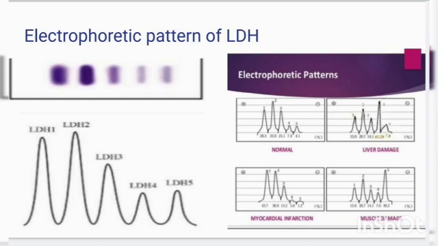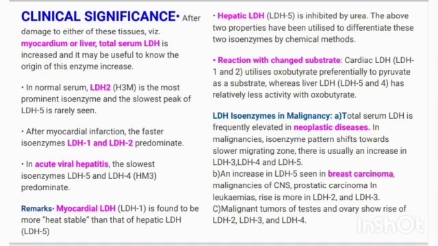And if you look into the liver damaged patient, we can see that LDH4 levels are elevated. And in myocardial infarction, LDH1 and LDH2 levels are elevated because they both are present in the heart fraction. And next, when you come to muscular damage, we can observe that LDH5 level is elevated. So this is all because of the electrophoresis analysis that we are able to come to a conclusion.